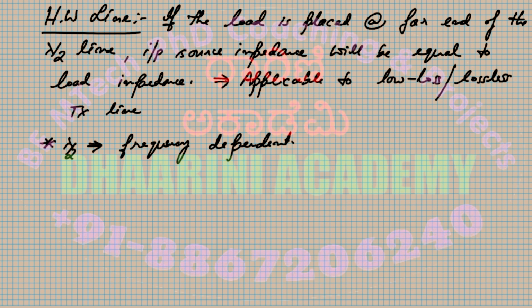What is the property? If the load is placed at the far end of the lambda by 2 line, the input impedance, when you look into that, that is ZS, looks like your Z0 only. Z0 equals ZS. So the application is that I want to have a short circuit of a line at a particular point, but physically I cannot bring a short circuit.